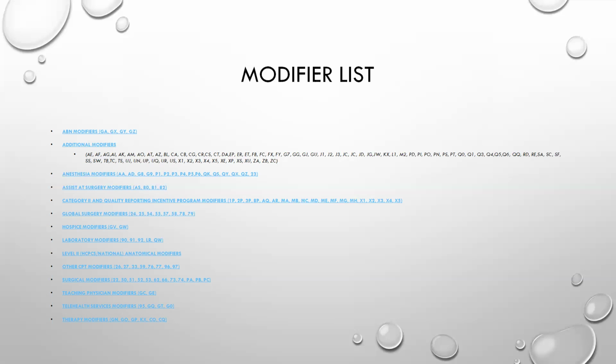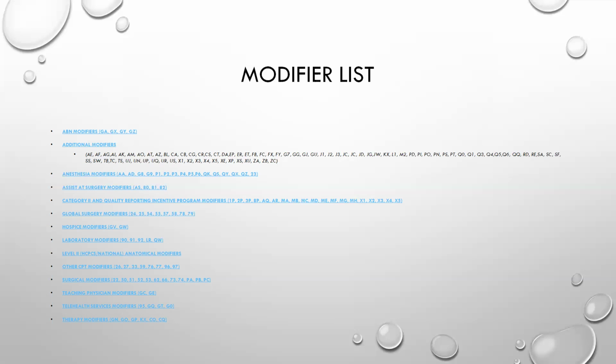If you're not coding, say, for instance, anesthesia, you're probably not going to use the anesthesia modifiers, because not every specialty uses those. Like I said, there are some modifiers that are across the board, that pretty much every specialty uses. And then there are modifiers that are specific to a specialty in itself.